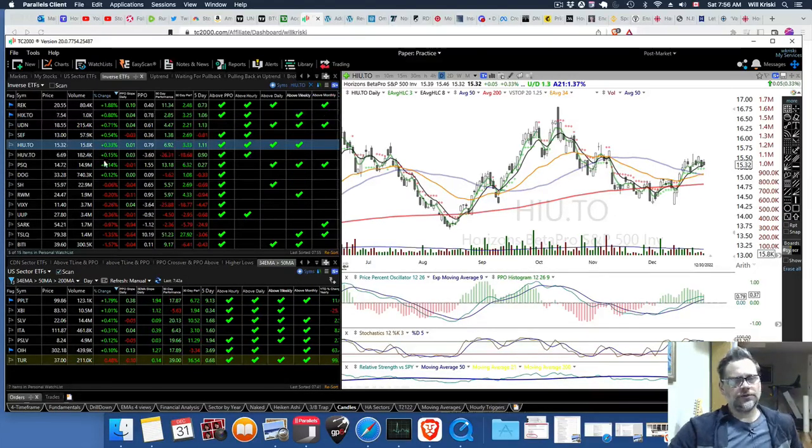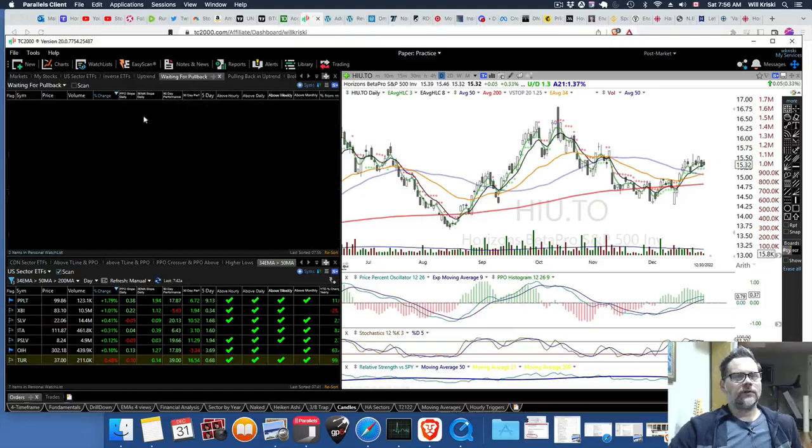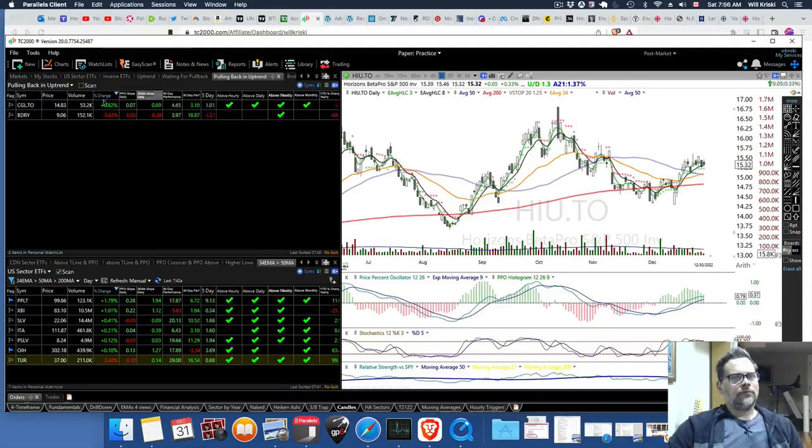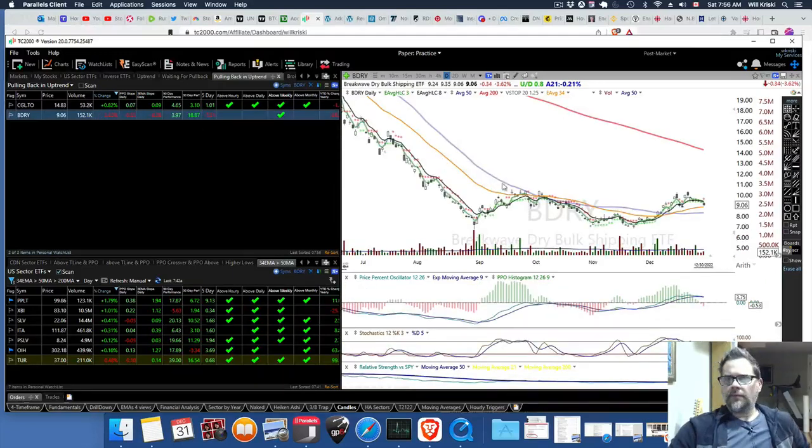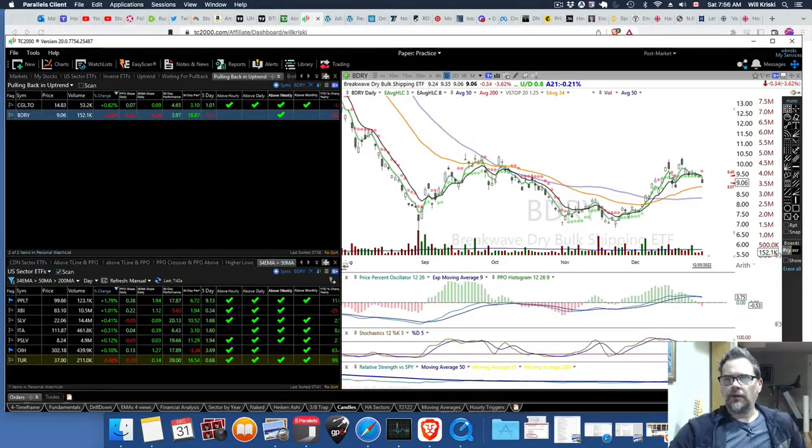Another watch list which is kind of built in is the flag. You can flag these really easily. This is what I use right now for potential imminent purchases. So I have different watch lists here that I've created manually, if I can't create an exact formula. So I have pulling back in an uptrend. Like this one is in an uptrend and now it pulled back.